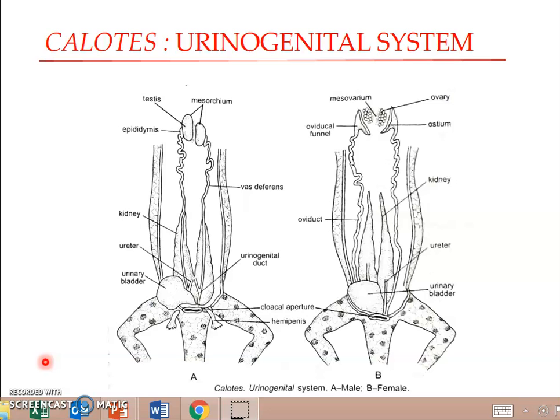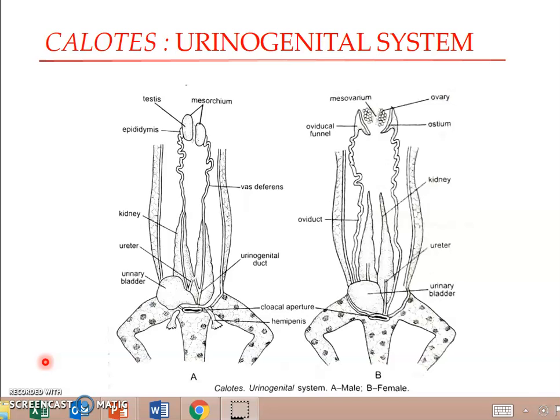The lower part of each oviduct is slightly dilated. It is known as the uterus, and here the eggs are stored for a short period of time before laying. The walls of the oviducts are glandular in nature, and their anterior end bears albumin glands, and the posterior part bears the shell glands.